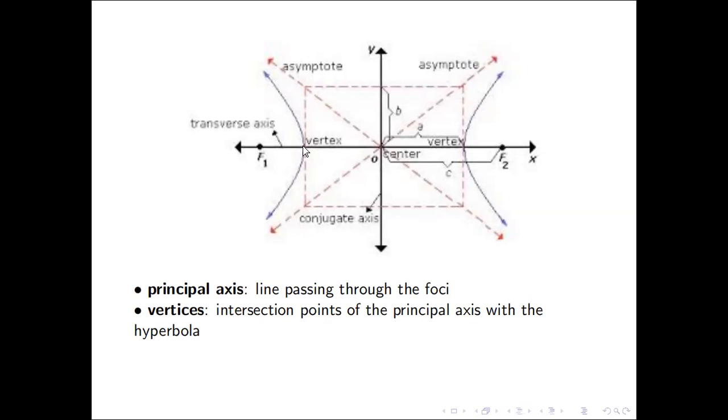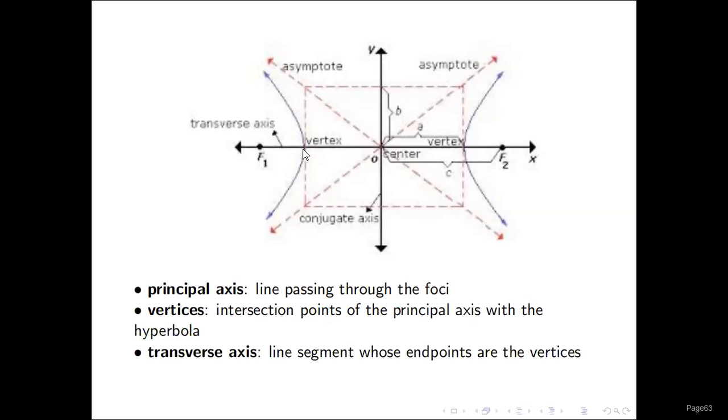So these are the vertices of the hyperbola. Transverse axis, similar to ellipses, is the line segment whose endpoints are the vertices. We call it the major axis for ellipses, but transverse axis for hyperbolas. So it's this line segment here from this vertex to this vertex.